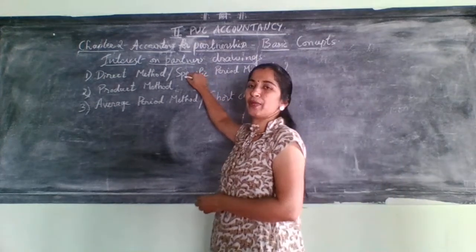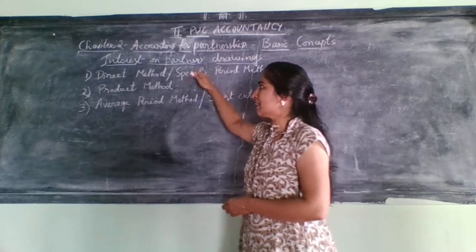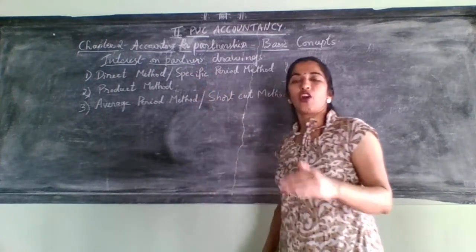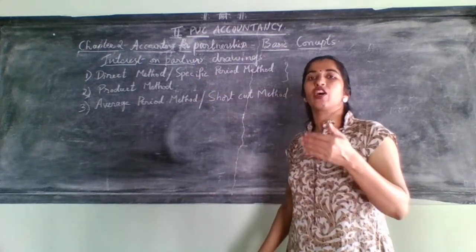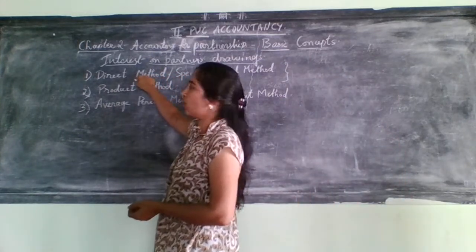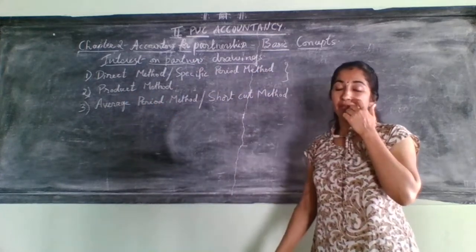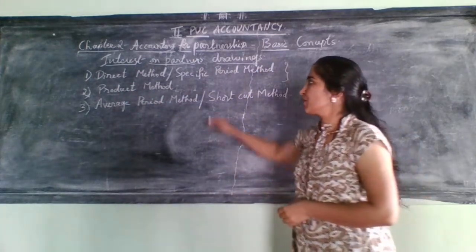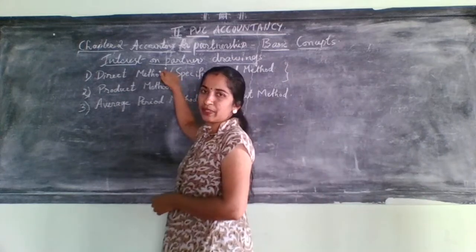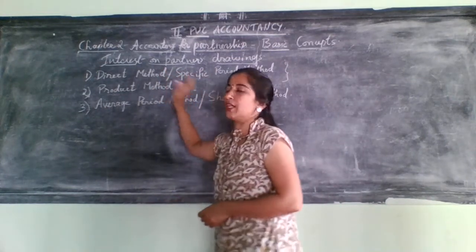Which ones? Direct method and product method. Under these two methods, when the drawing amount is not withdrawn at a regular interval, we need to calculate interest on drawing under the direct method or product method. But for your examination sake, you need to learn only the product method. For the exam, they will ask you about the product method only.